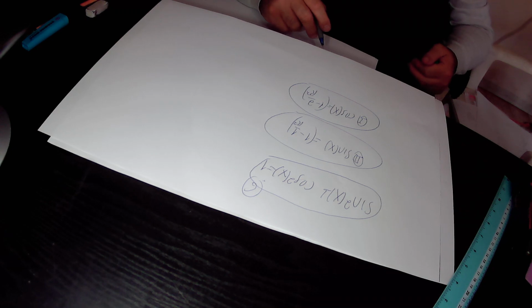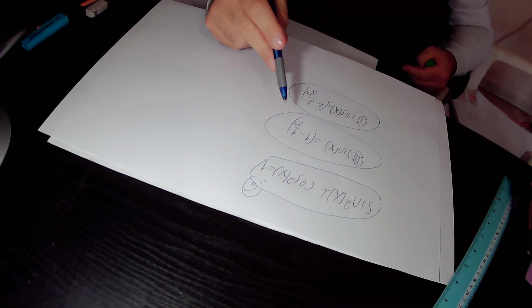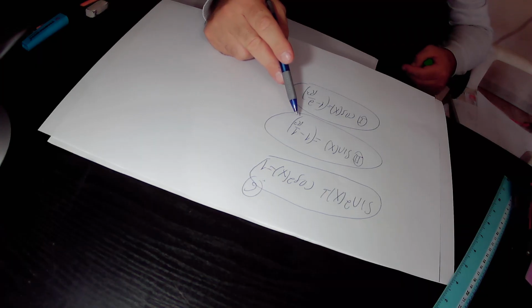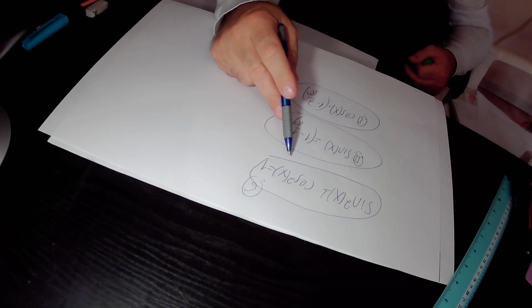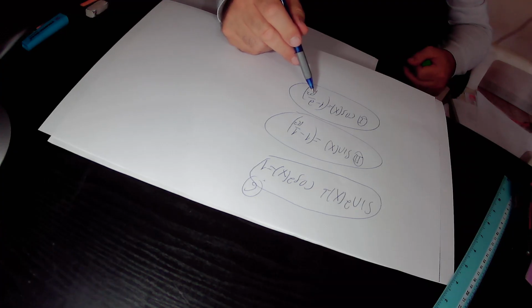Now we can substitute sine x in this trigonometric identity by 1 minus 1 over r squared, and we substitute cosine x in this trigonometric identity by 1 minus 2 over r squared.